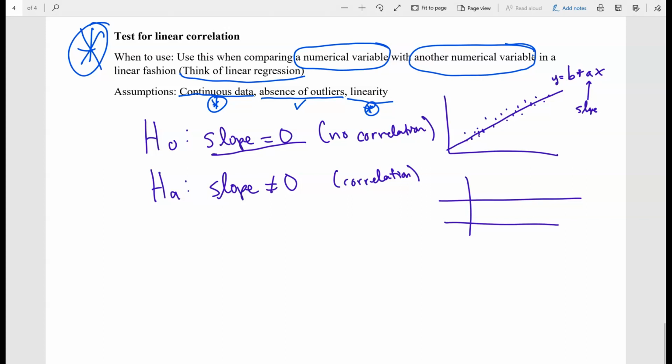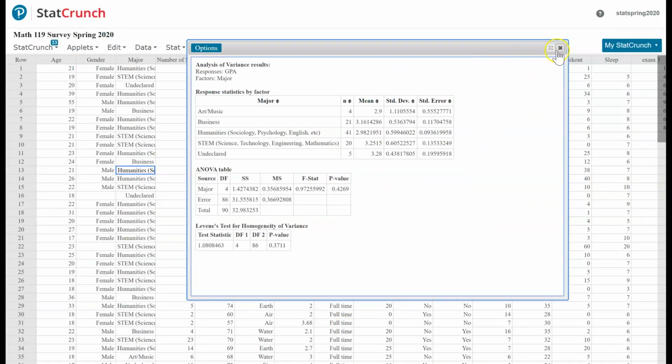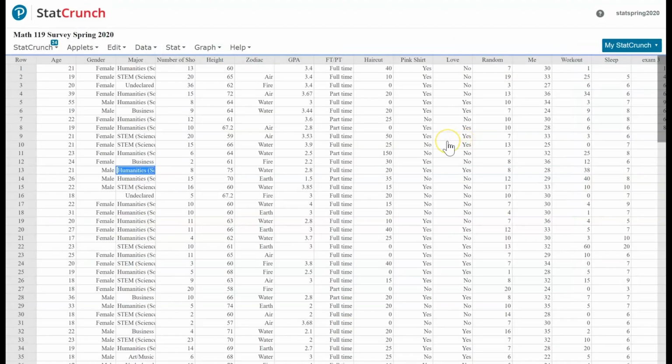So let's go to our data. And let's say we want to take a look at, I don't know, this is from last time. Let's say if my sleep is associated with my GPA. So the number of hours of sleep that I get associated with my GPA. Now, before we start, we need to make sure that both of these variables follow the assumptions.